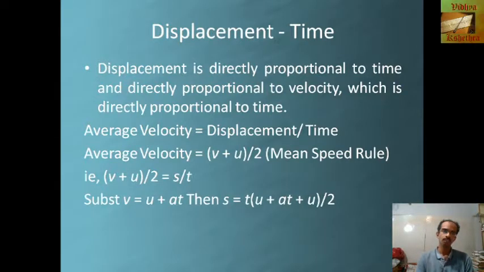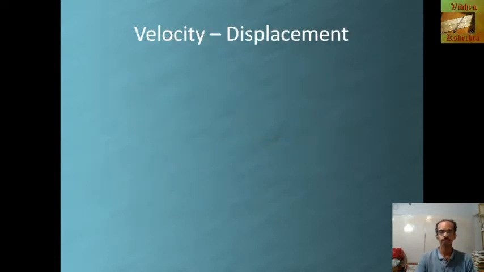Now we substitute the first equation of motion for the final velocity. That is v is equal to u plus at. That is s is equal to t into u plus at plus u divided by 2. On rearranging this, we get the second equation of motion. That is s is equal to ut plus half at square.